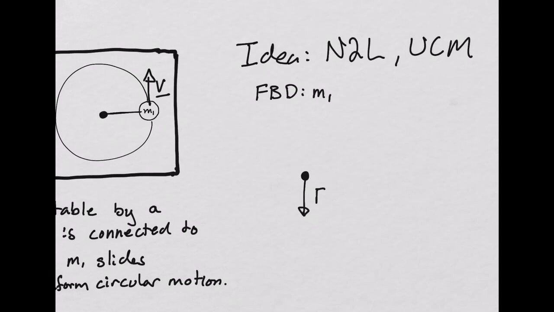Downward, we have a force due to gravity. Upward, we have a normal force that prevents the mass from going through the table. And towards the left, we have a force due to tension from the rope that is connected to mass 1.